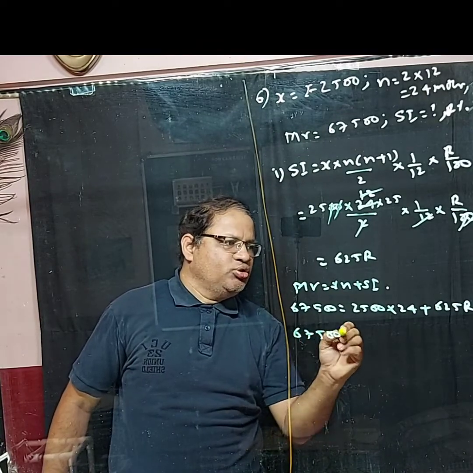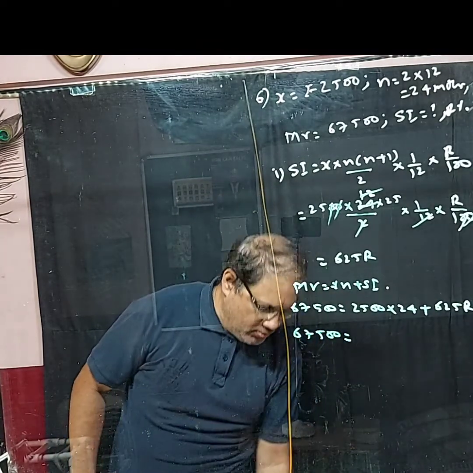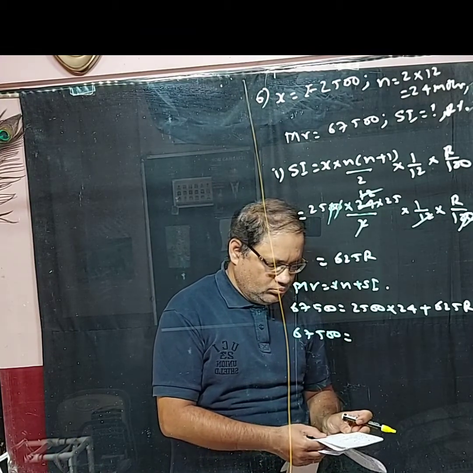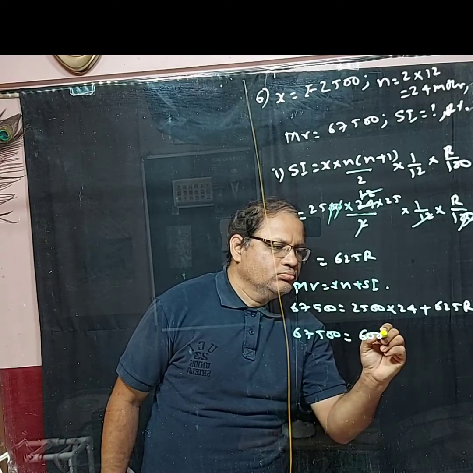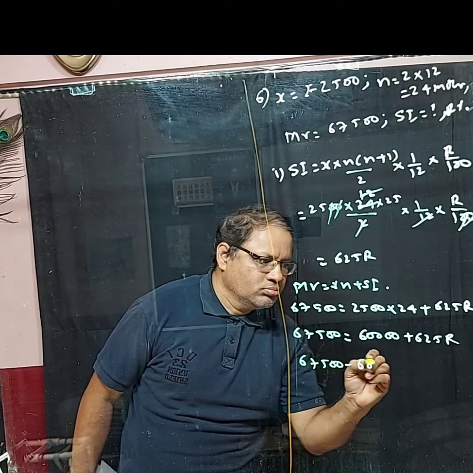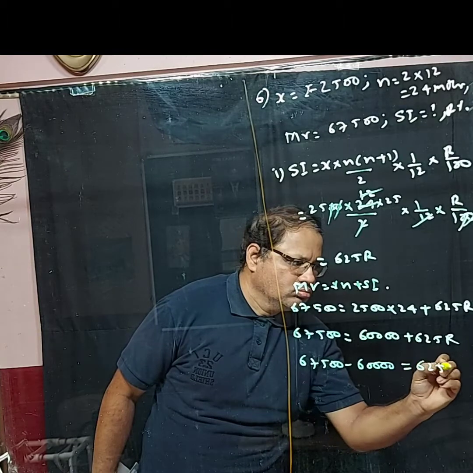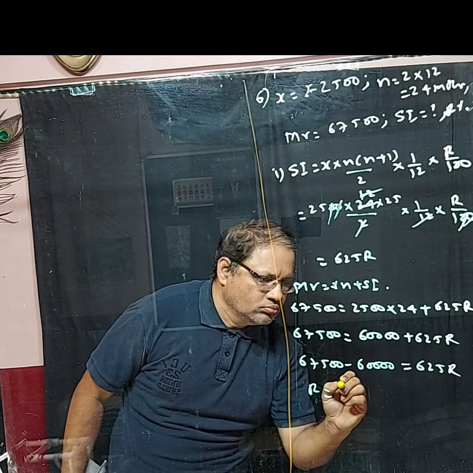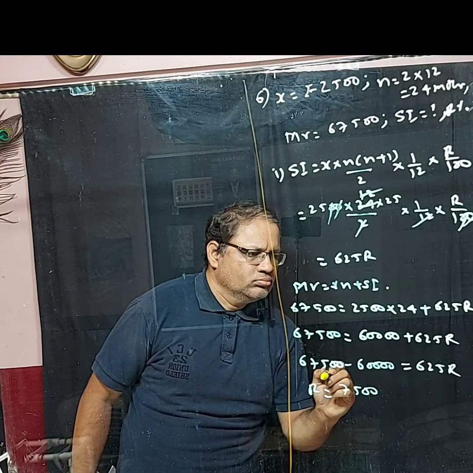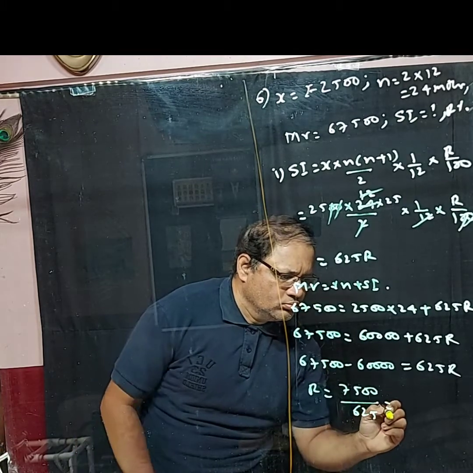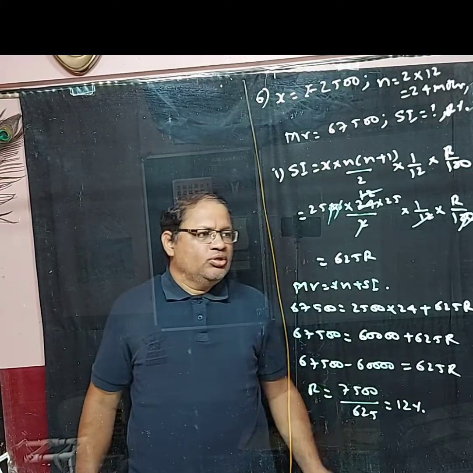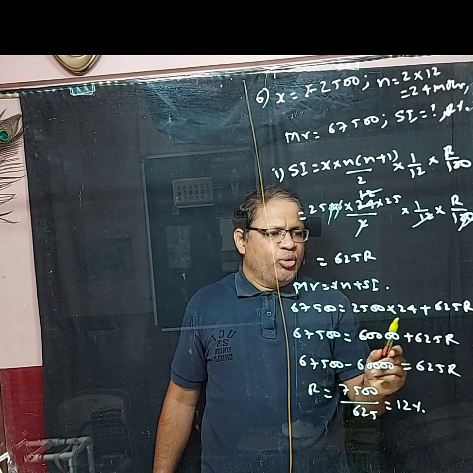So 67500 is equal to, you multiply this both, so 2500 into 24 is 60,000.